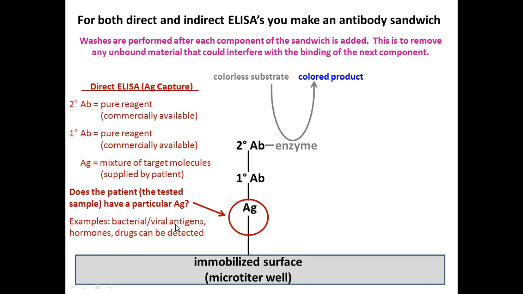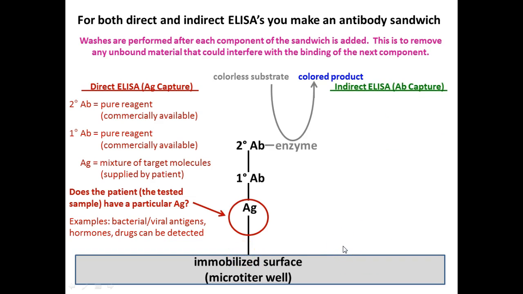They can do this for viruses, for HIV, for the rapid flu test. They can use hormones as an antigen, so the pregnancy test you buy over the counter uses this technology. We're making an antibody sandwich. Drug tests, some of them use this type of technology as well.